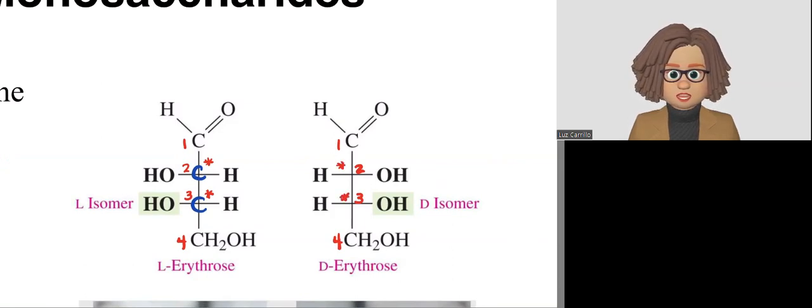But because carbon 3 is the farthest away from the carbonyl, which is on carbon 1, that's the one that determines the L or D designation. And in this case, since OH is pointing towards the right, that's why this is D-erythrose.